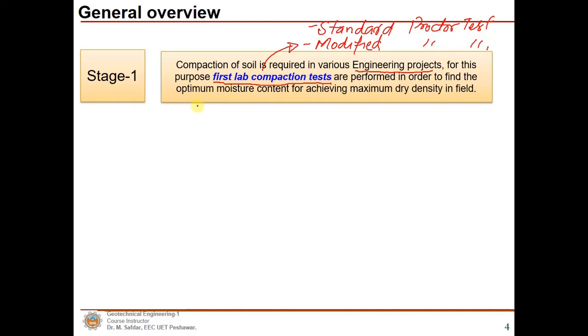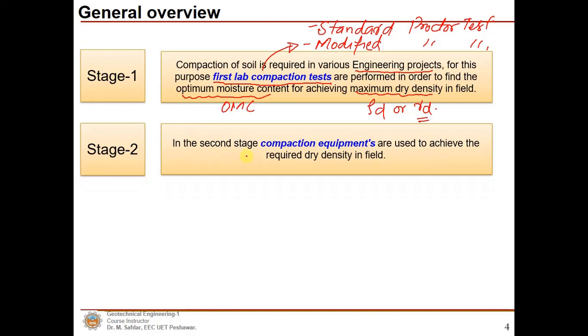Why do we perform these tests? We need to find out the optimum moisture content, which is the OMC, for achieving the maximum dry density, rho d, or gamma d, which is the unit weight in the field.